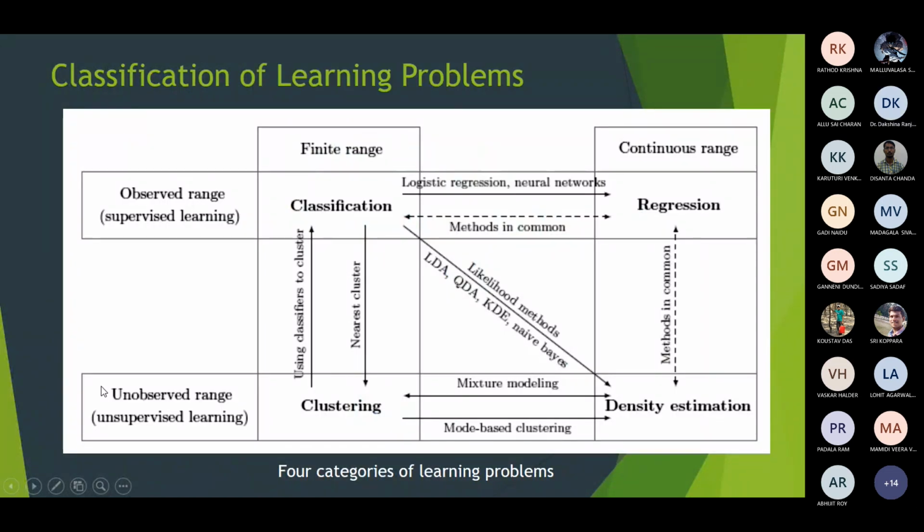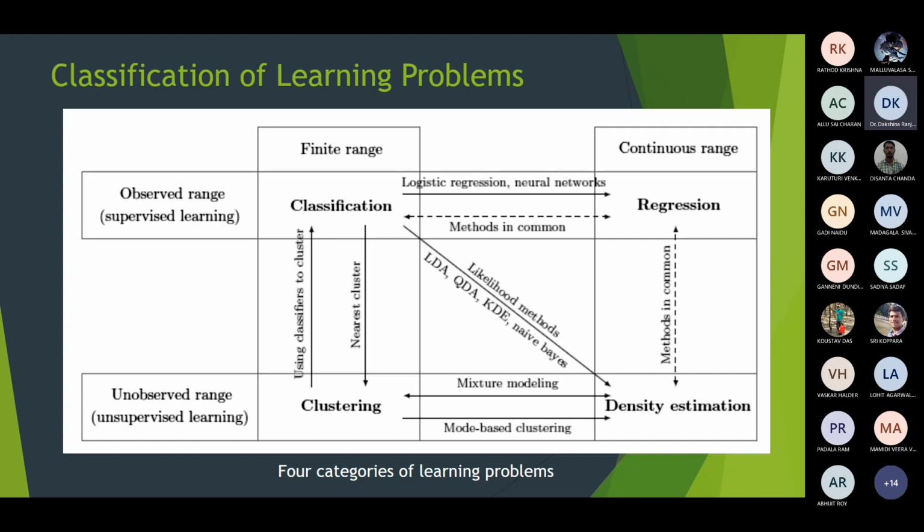Now, if we want to classify the learning problems, we can classify them in two different ways. Firstly, we can consider the range, finite range or continuous range, and based on that we can divide the learning problems into two groups.